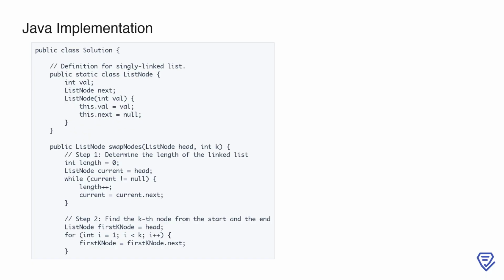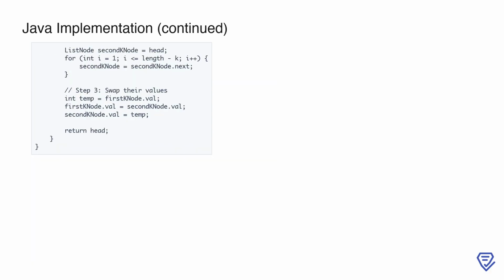Once the length is known, we locate the kth node from the beginning. To do this, we initialize a pointer first_k_node at the head and move it forward k-1 times using a loop. Now, we locate the kth node from the end of the list. Starting again from the head, we use a pointer second_k_node and move it forward length-k steps.